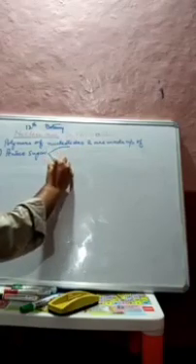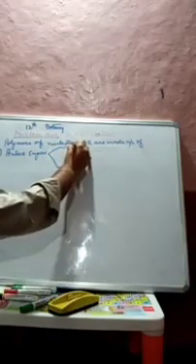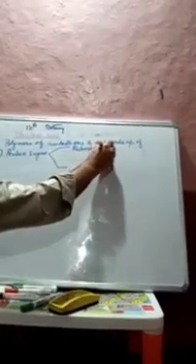This pentose sugar has been divided into two parts. One is called ribose sugar, and another one is called deoxyribose.